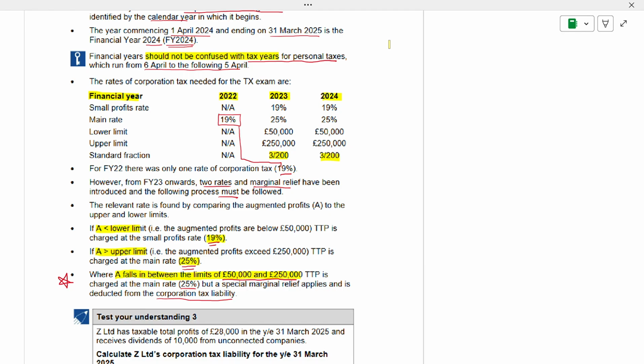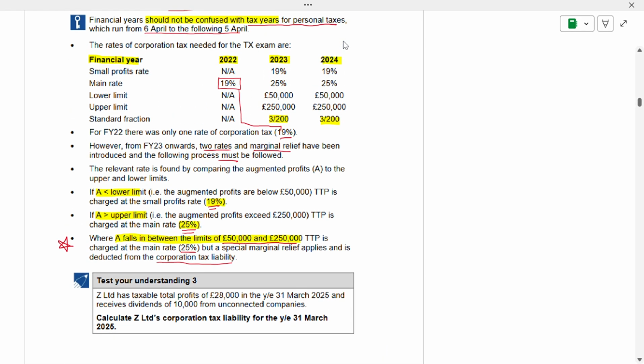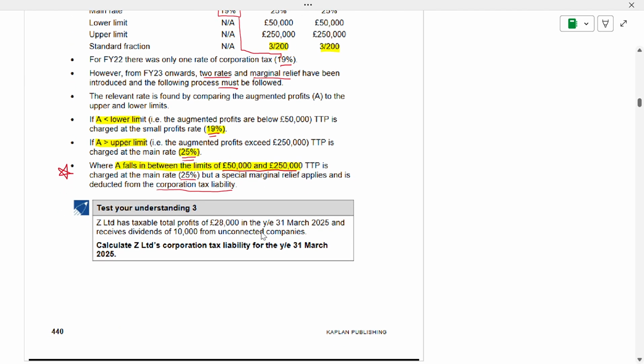If it falls between the two limits, then we have to apply the special marginal relief. Are you clear about this?